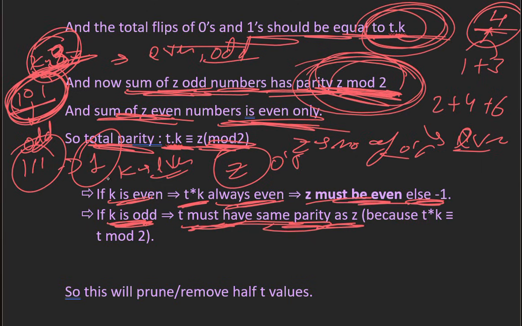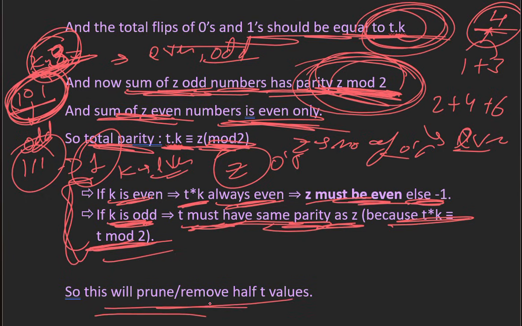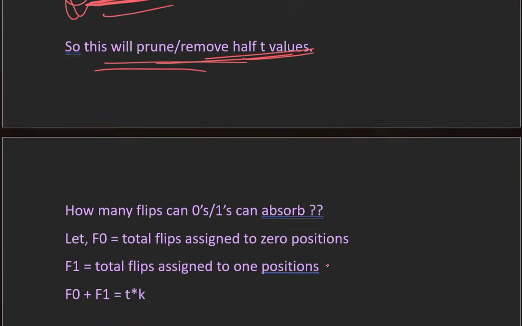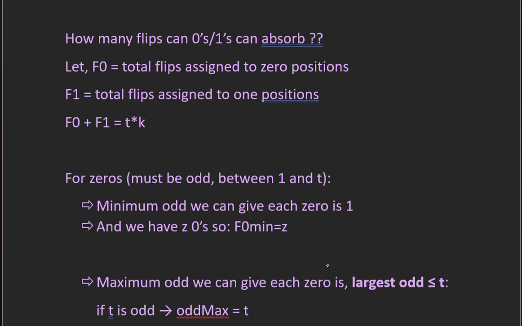So t into k should be equal to t modulo 2, right? These two conditions help us to remove half of the t values, right? Because we are simulating our t values only.